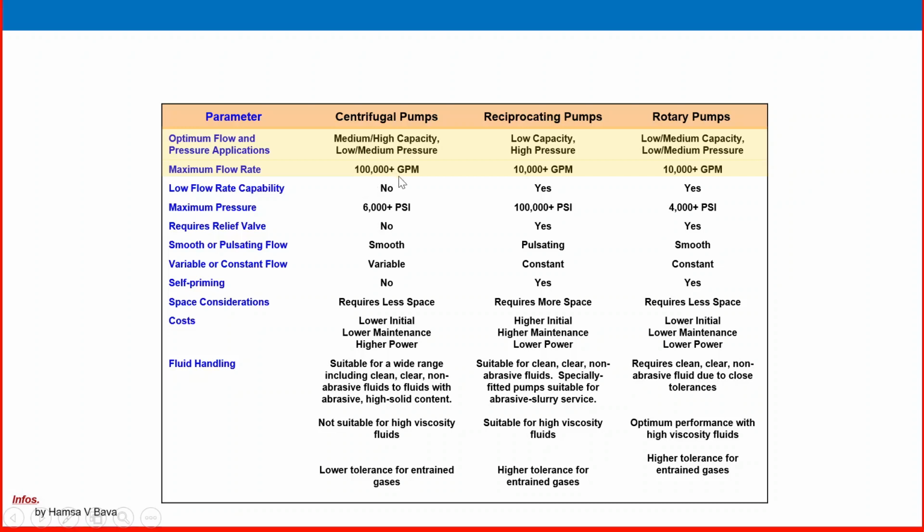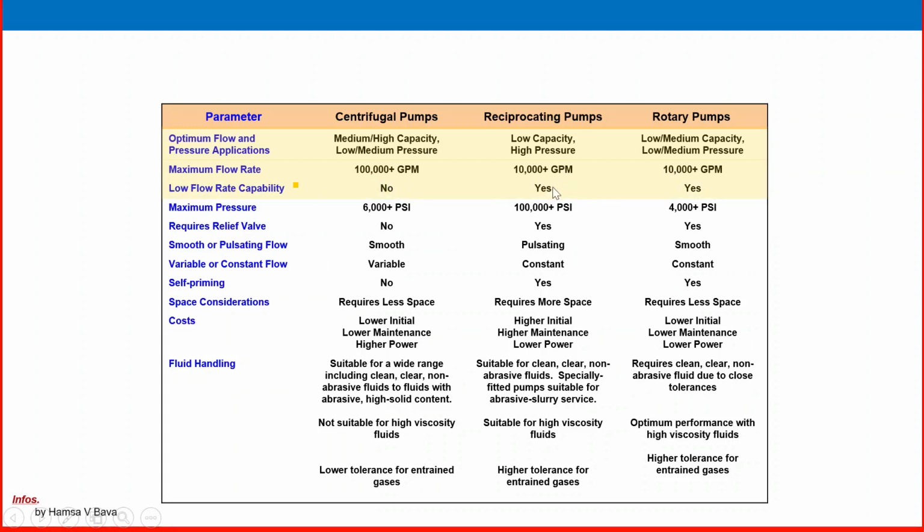1 lakh GPM, gallons per minute, is the maximum flow rate for centrifugal pump. For reciprocating it is 10,000 plus GPM, and rotary pump is also the same, 10,000. Low flow rate capability: centrifugal pump is not usable for that. Reciprocating and rotary pumps can be used at low flow rate.